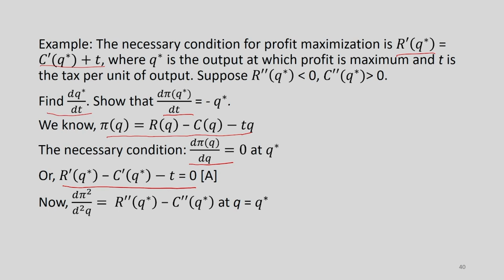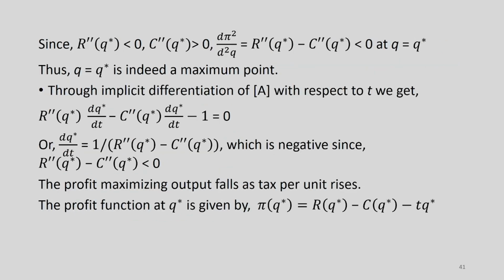Now, what we do next is that we take the second derivative of the profit function at Q star, right? If we do that, then this term will vanish because it is not a function of Q, and therefore we are going to get only R double prime Q star minus C double prime Q star. Okay. Now, we are given this information in the question itself.